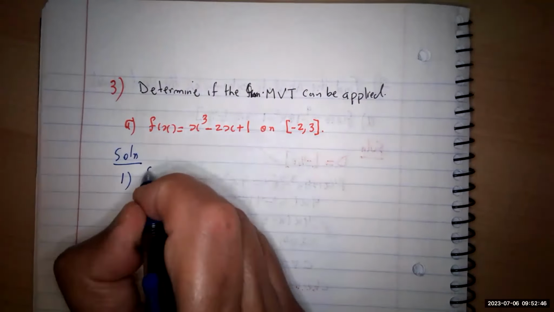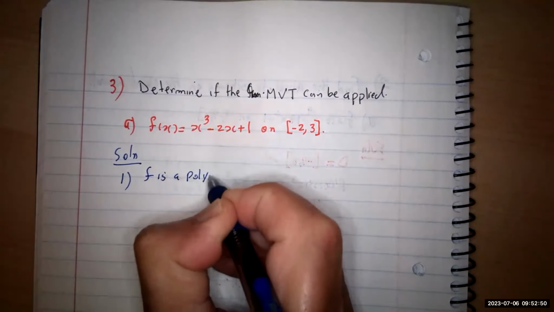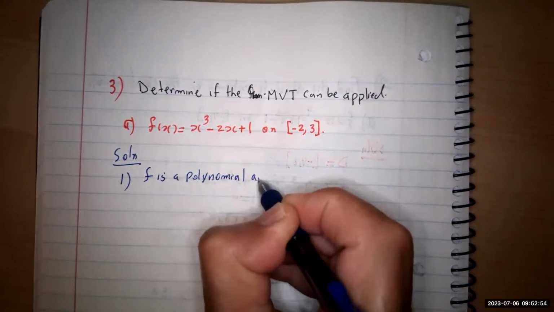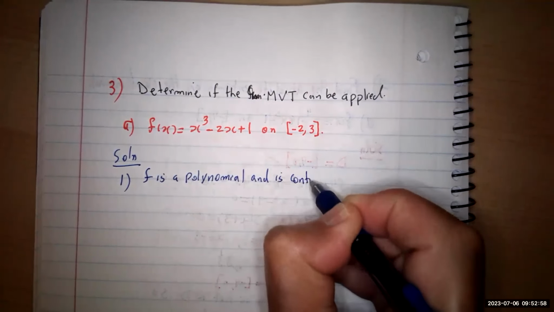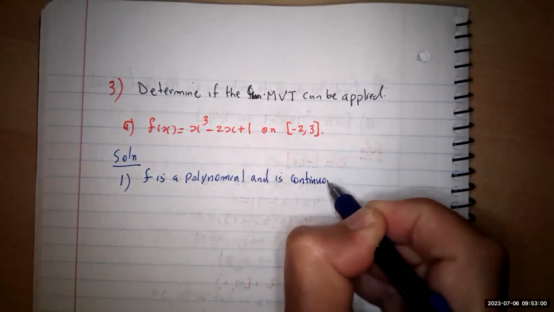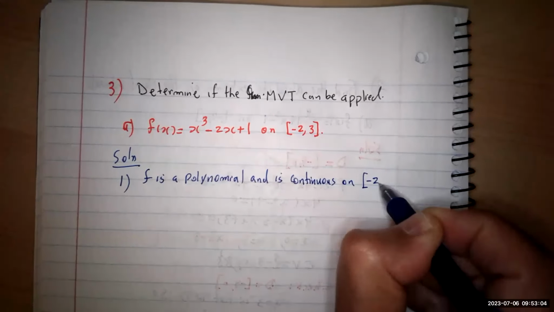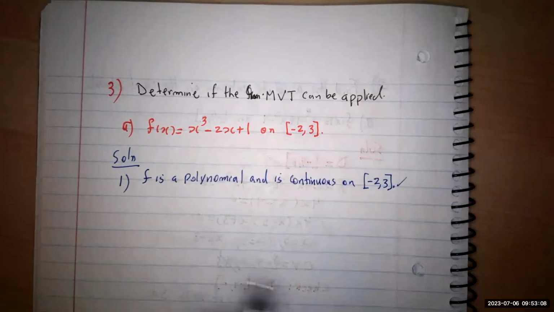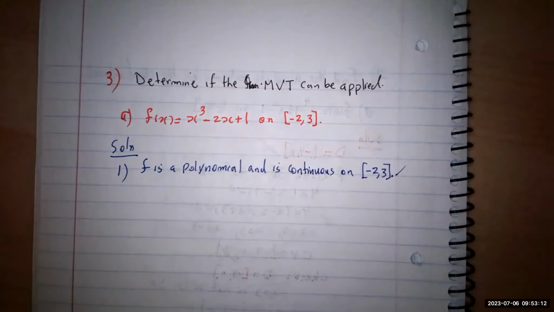So we say f is a polynomial, and it's continuous on the closed interval [-2, 3]. That's it. Don't say it's clear. Yes, it's clear, but you have to write it down. Give us the reason. Any question? So that's the first condition.